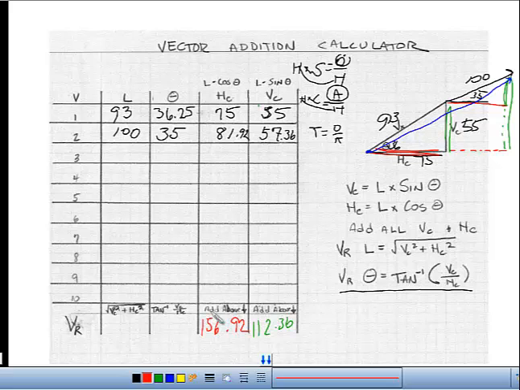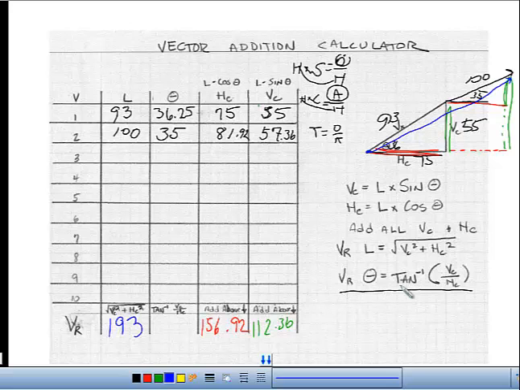Maybe 193 would be close enough for you and me. 192.99. So you can see that being 1 1/4 degree off is almost equal to a straight line addition.